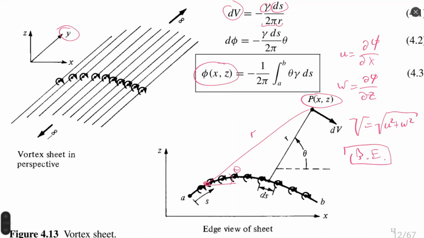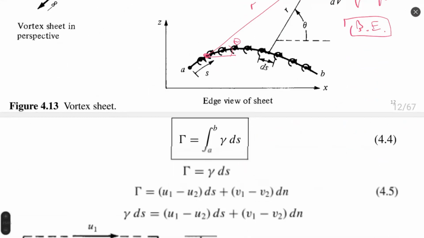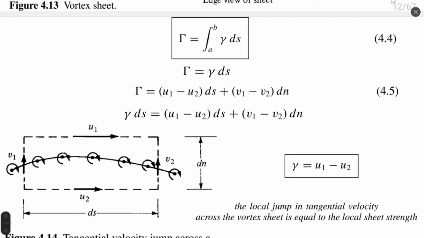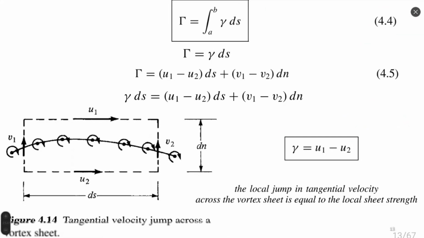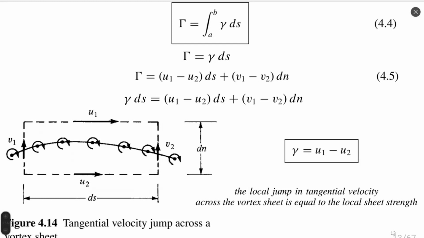Now we will try to apply this information to calculate a real airfoil. Before this, Anderson also proposes that we find the relation between circulation and velocity change, or tangential velocity jump.